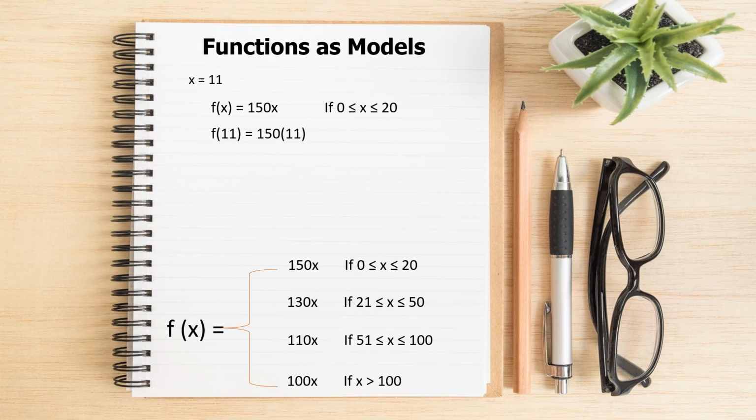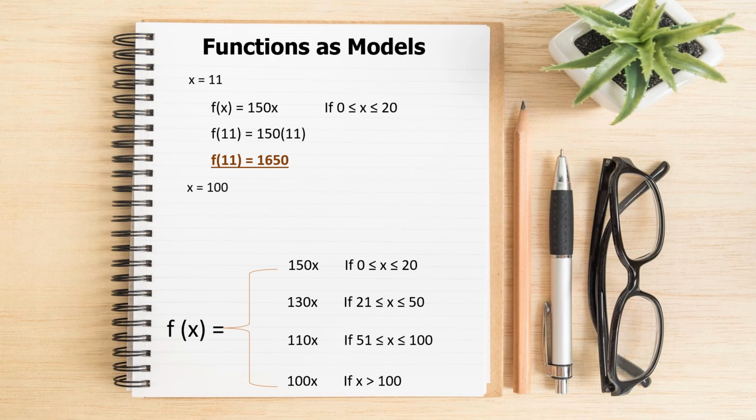To evaluate this, simply substitute x by 11. So f of 11 equals 150 times 11. Simplifying this, we have 1,650. So when the number of attendees is 11, the total cost of hiring a catering service is 1,650.